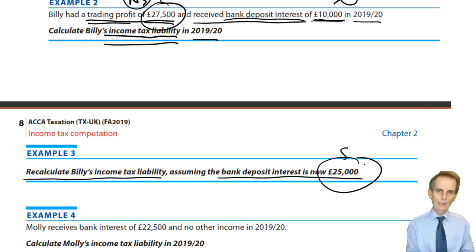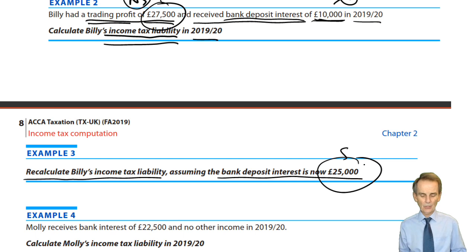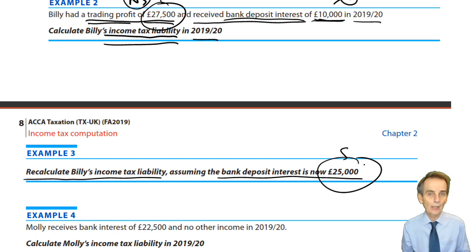What will that bring you to? 52.5 less 12.5 is 40. 40 as your taxable income is more than 37,500, your basic rate band limit. So you're now able to identify that this time the taxpayer is a higher rate taxpayer.